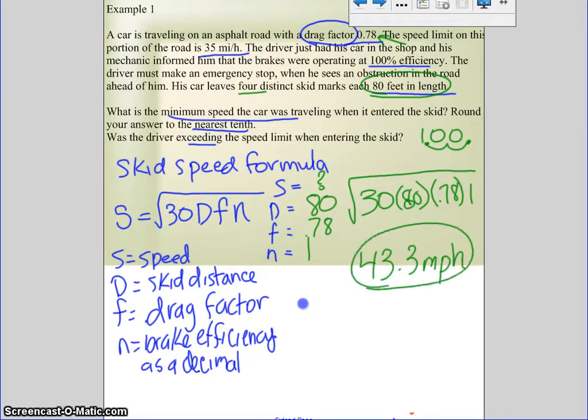That was the minimum speed that the car was traveling when they entered into the skid. The second question says, were they speeding? Well, the speed limit is 35 miles per hour, and they were going greater than that, so the answer is yes. The car was speeding.